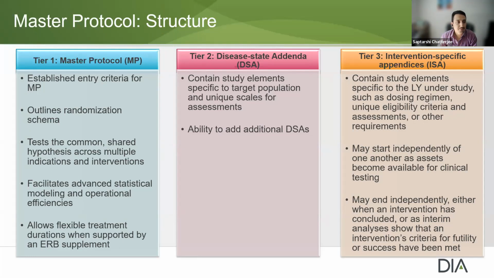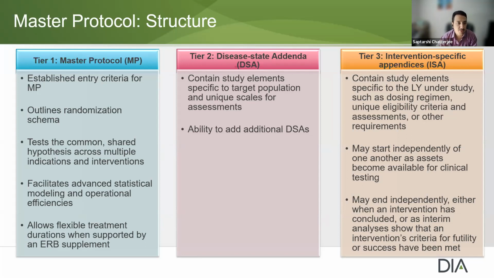Now, a little bit of a deep dive into the design, not the design, but more the structure. So on tier one, or the overarching tier, we have this master protocol, where we are laying out some of the key things that are applicable to all sub-studies, to all pain types.